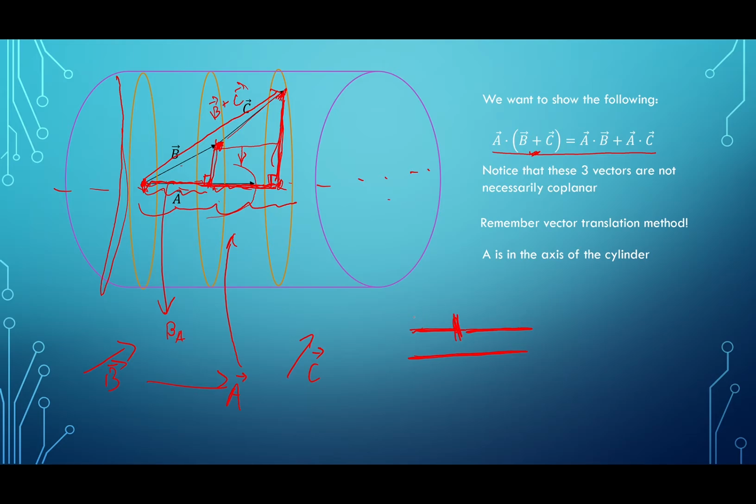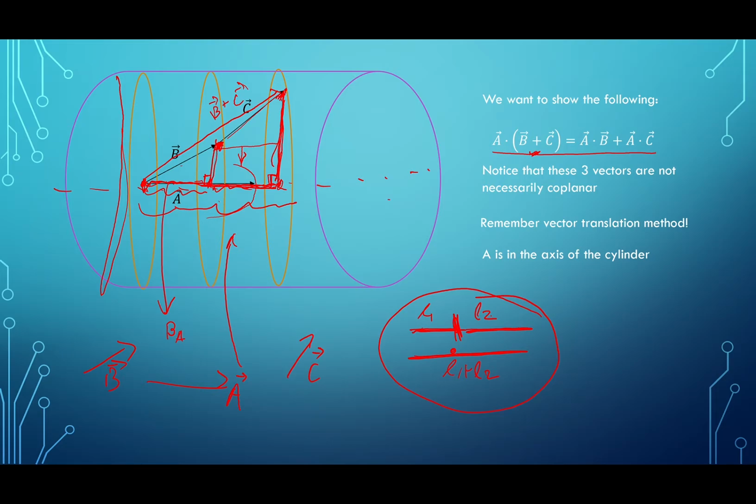Okay, so this is projected by B, projected by C, projected by B plus C. And we know that from basic geometry, if we have lengths L1, L2, then what is the length of this one? It's just L1 plus L2, right? In other words, what this equation tells us is the same thing as our basic geometric knowledge, right?